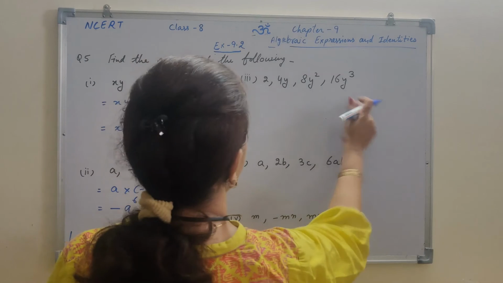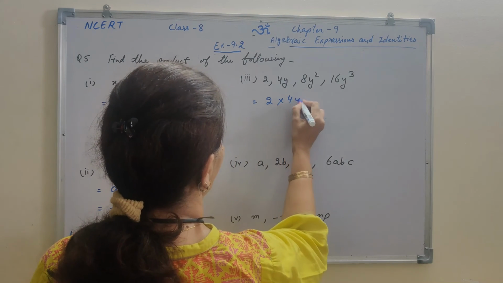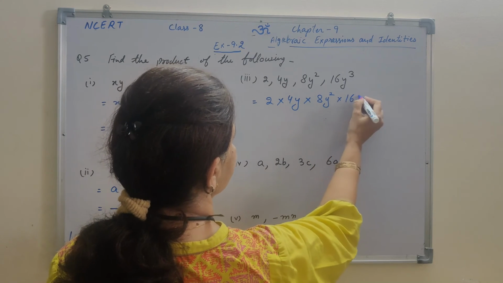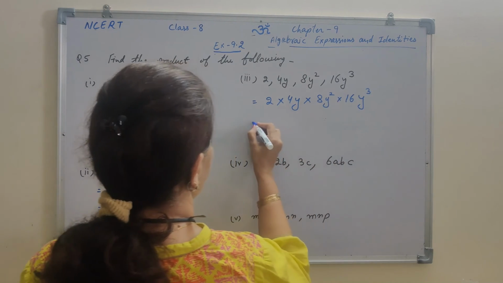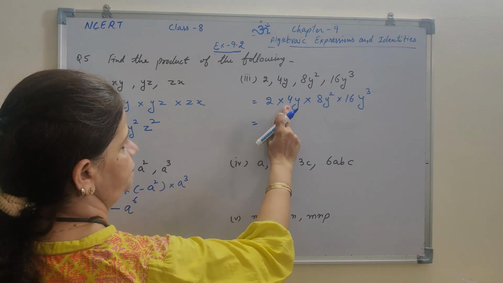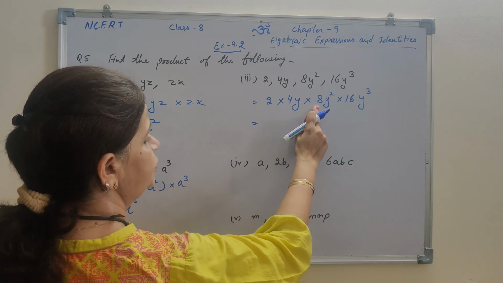We have to multiply these four monomials. So it will be 2 multiply 4y multiply 8y square and multiply 16y cube. Multiply the numerical values. 4 2s are 8, right? And 8 8s are 64.